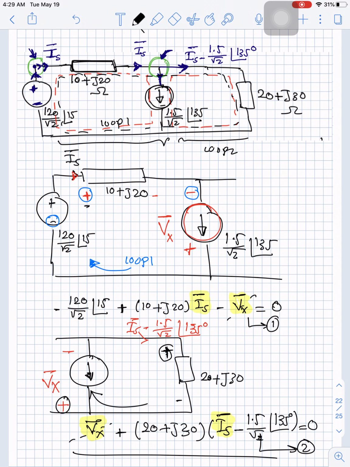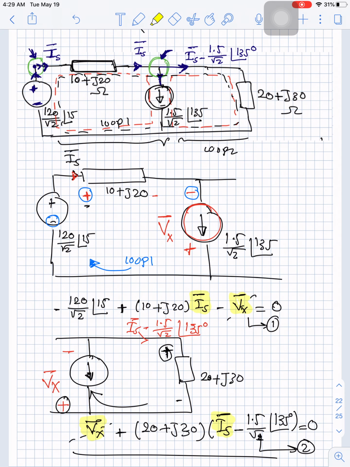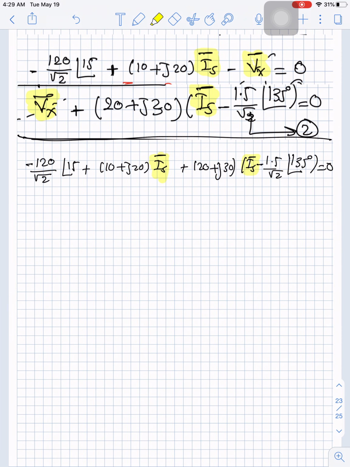This is root 2. As you can see, we have one equation in one unknown, and this unknown is I source. Once we solve this equation to get I source, we will go back to one of the 2 equations, 1 or 2, to get V source.